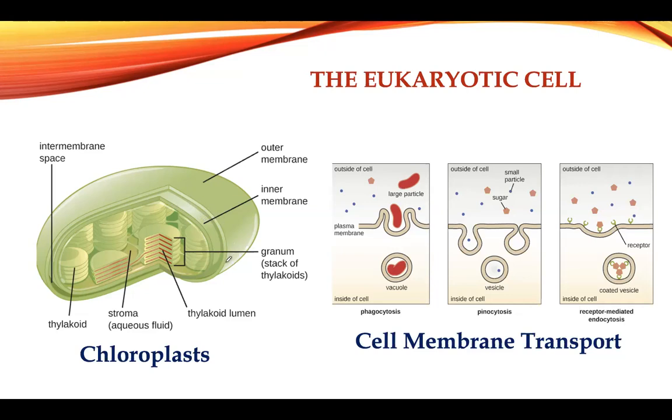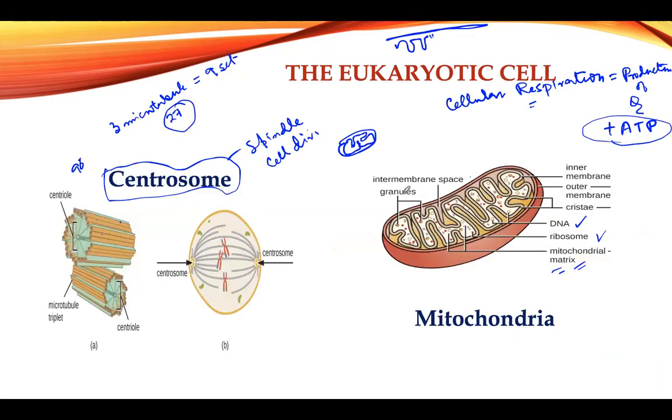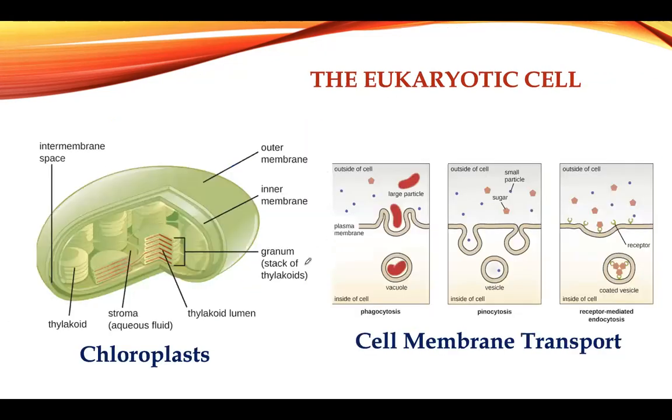There is a space in between that outer membrane and the inner membrane that also has jelly-like structure. I forgot to tell you over here also. In between that outer membrane and inner membrane, we have a little bit of jelly-like structure. Okay. So same over here, inside the chloroplast.